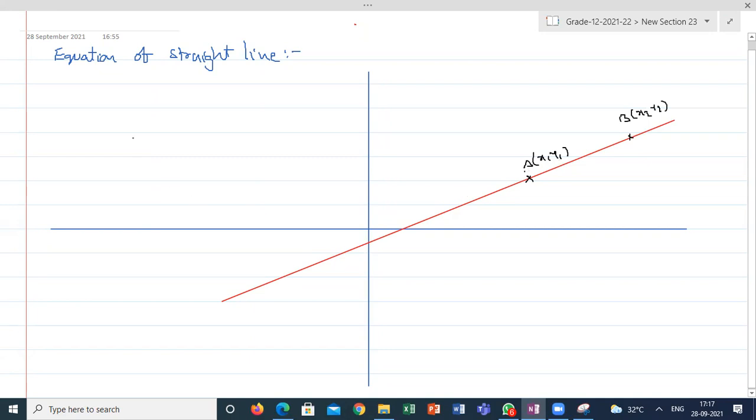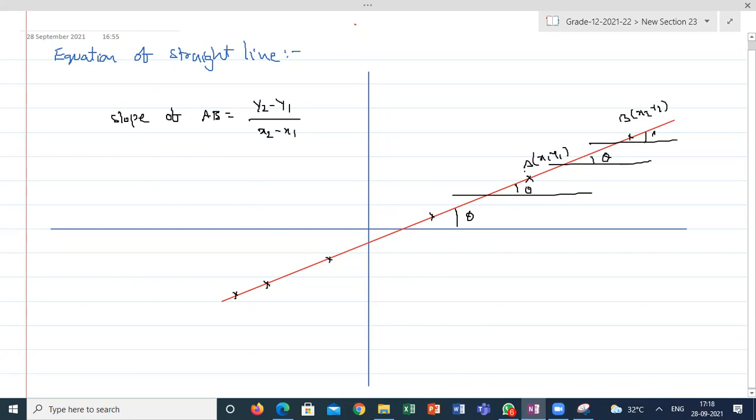The slope of AB we can calculate with the help of change in y coordinate by change in x coordinate. In case of a straight line, for any point you take, the change in y coordinate by change in x coordinate is fixed, because this angle is fixed anywhere. If I draw a line parallel to the x-axis anywhere, the angle is the same according to the alternate angles concept.